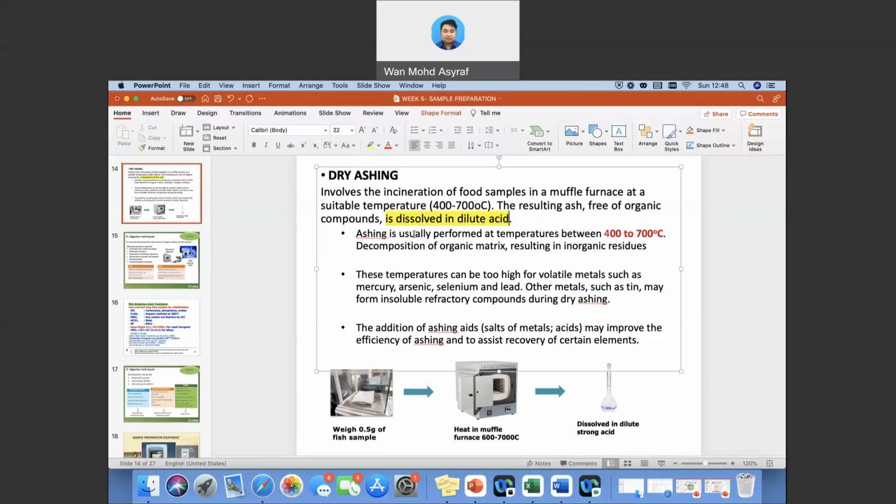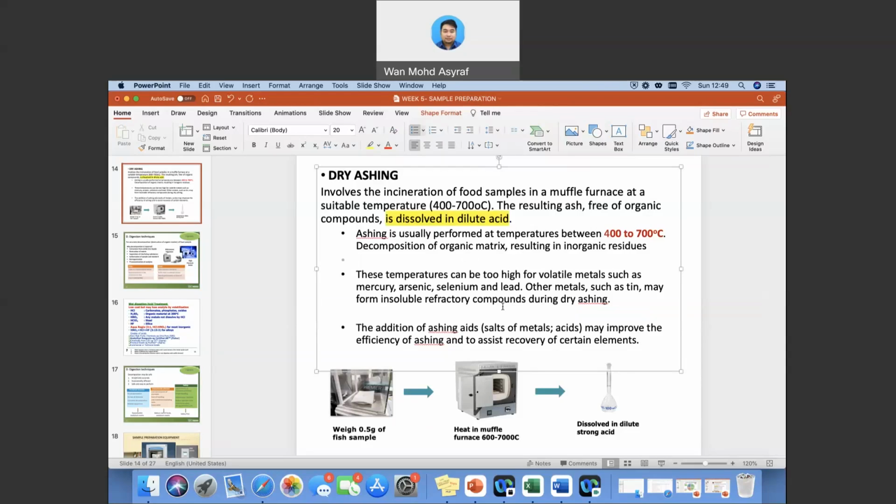Ashing at this temperature decomposes the organic matrix, resulting in inorganic residues. These temperatures can be too high for volatile metals such as mercury, arsenic, selenium, and lead. Other metals such as tin may form insoluble refractory compounds during dry ashing.